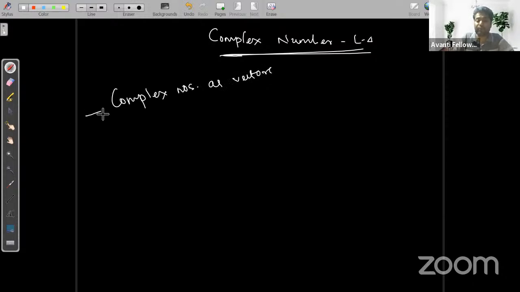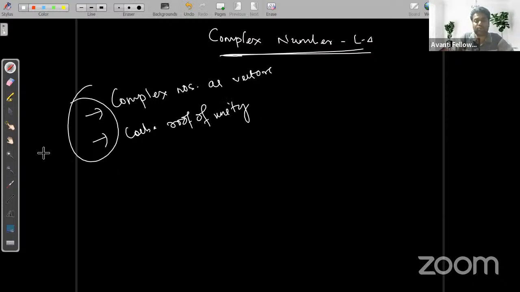I already told you in the previous classes that a complex number always behaves like a vector also. Then we'll study cube root of unity. So let's start with complex number as a vector.